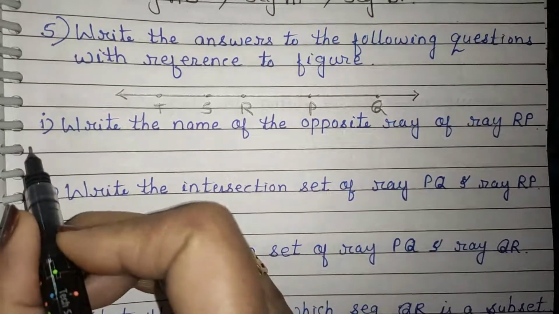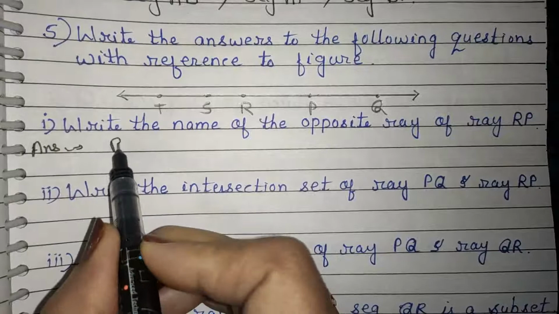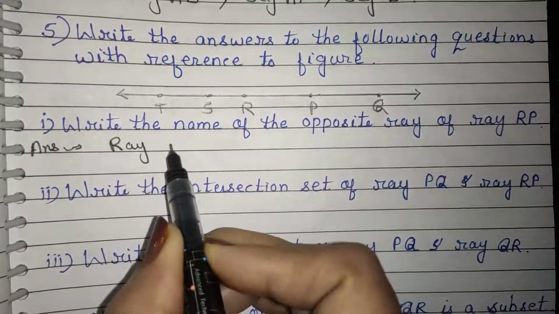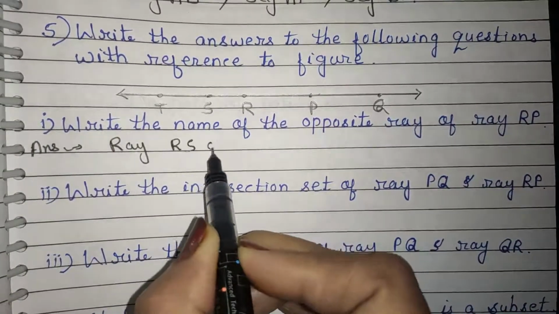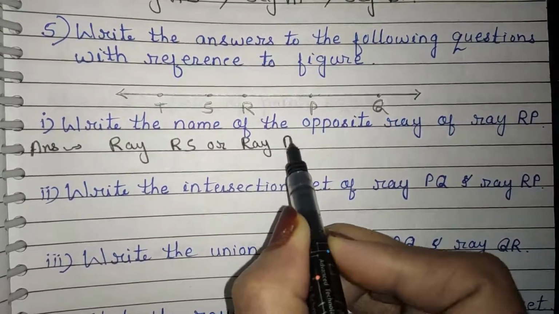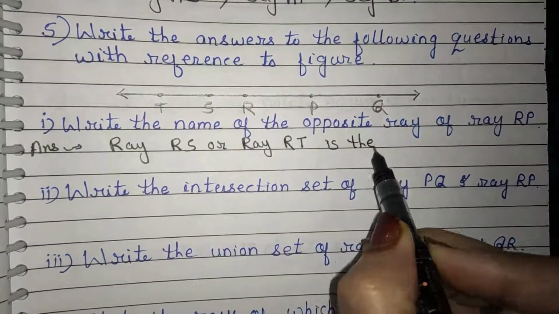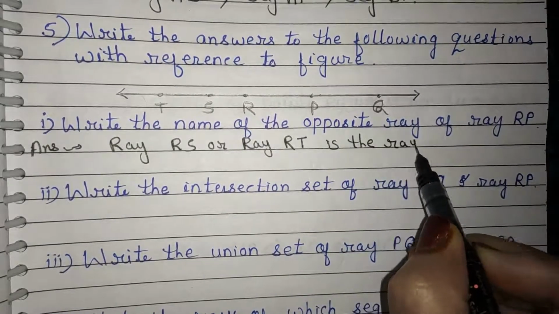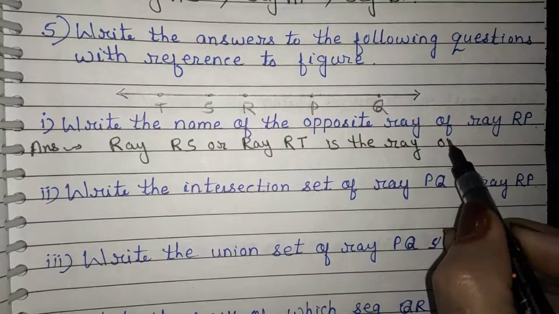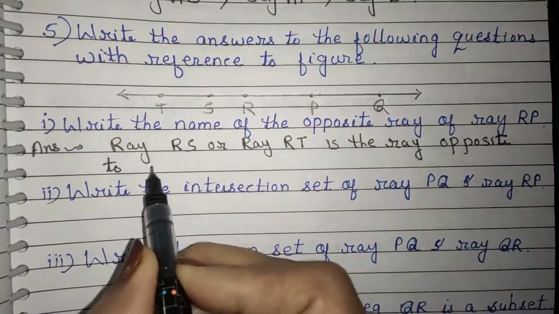Write down here. Answer. Ray RS or ray RT is the ray opposite to ray RP.